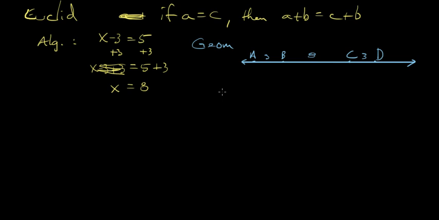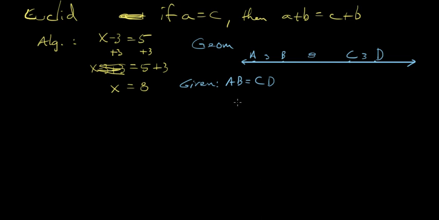So what we're going to say here is, given AB equals CD. Notice there's no line over top here. It's because I'm talking about the length, I'm talking about 3 equals 3. I'm not talking about segment AB, I'm talking about the length of segment AB, that's why there's no line over it.